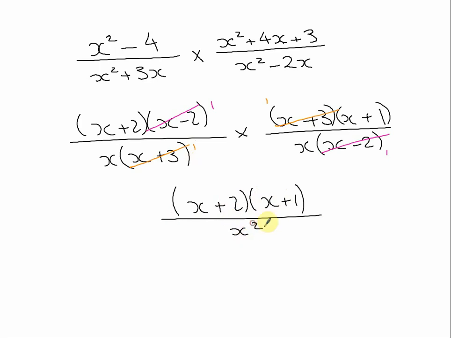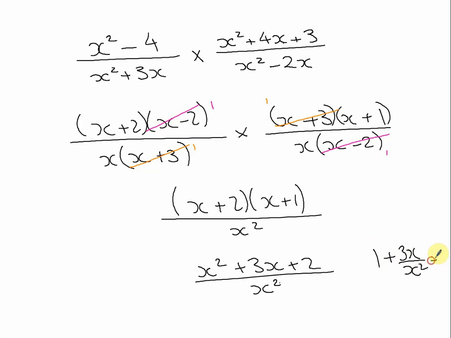and x squared. If I did expand this, I just want to point something out to you. Don't cross off the x squareds. If you divided top and bottom by x squared, you'd have this. Right? If you divide the top by x squared, you would have, oh, not that, you wouldn't have that.